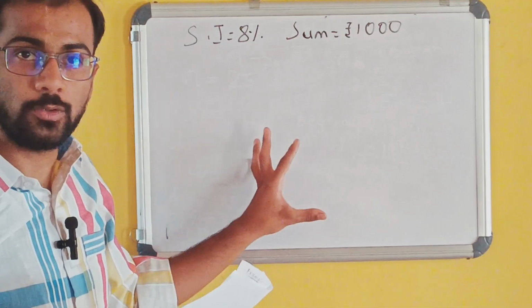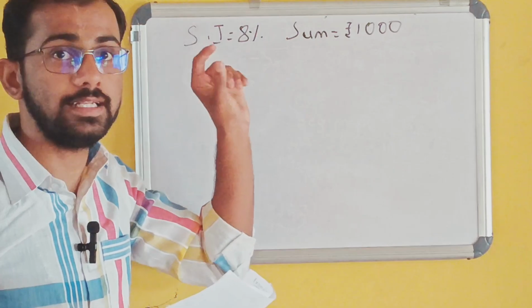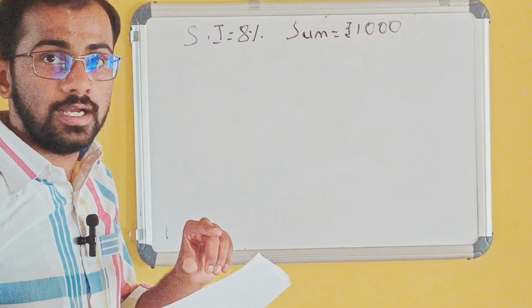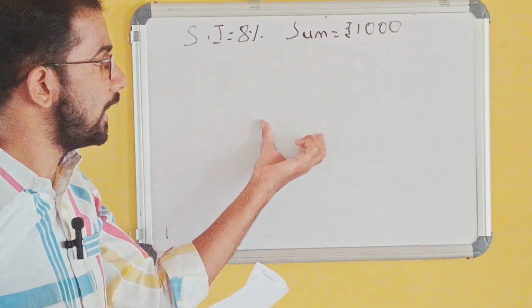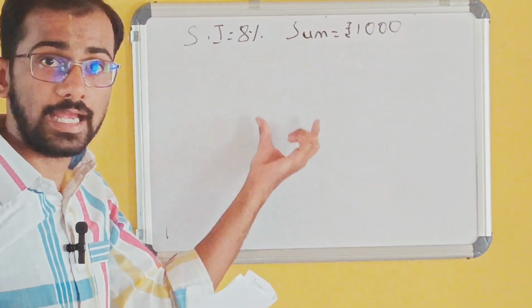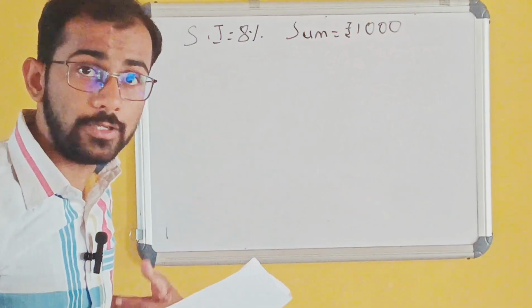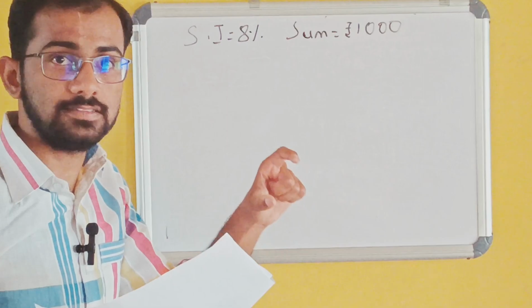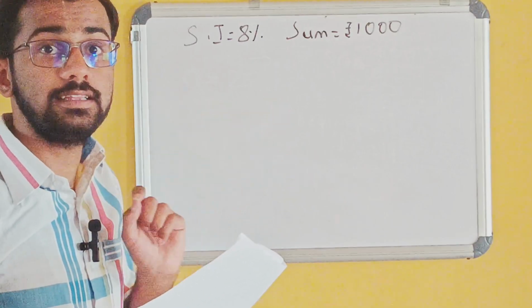So first we need to calculate the simple interest for the second and third years, how much amount he will get. Now if the values we have calculated form an arithmetic progression, then we need to calculate the simple interest at the 30th year.